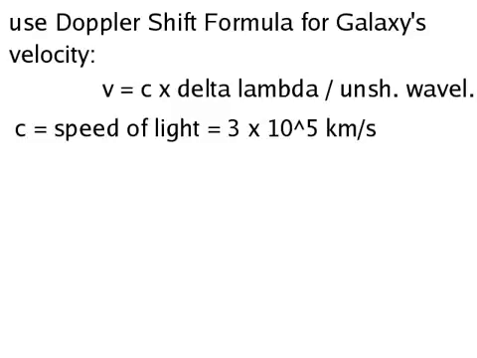That was the shift from our K line. So 78.33 angstroms divided by the unshifted wavelength, which was 3933.67 angstroms.